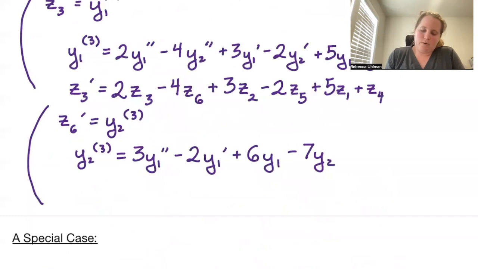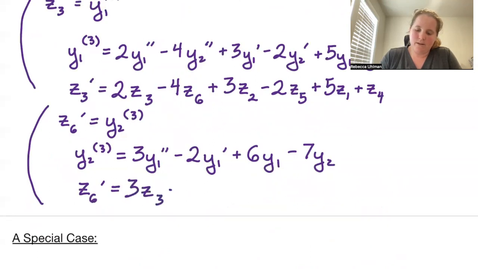So once again, if we rename this, z6 prime is equal to y1 double prime, which was z3. So we have 3z3. Y1 prime was z2, so minus 2z2. Y1 was z1, so plus 6z1.